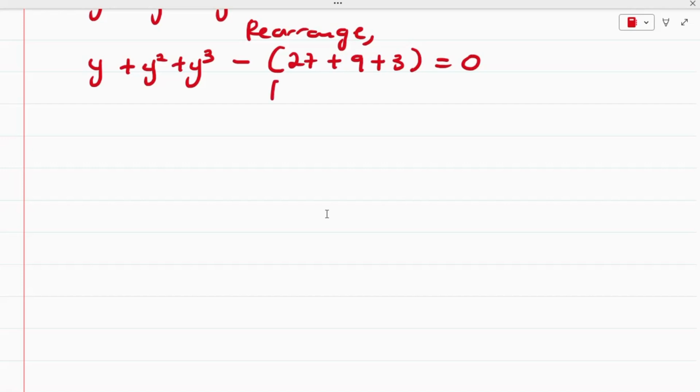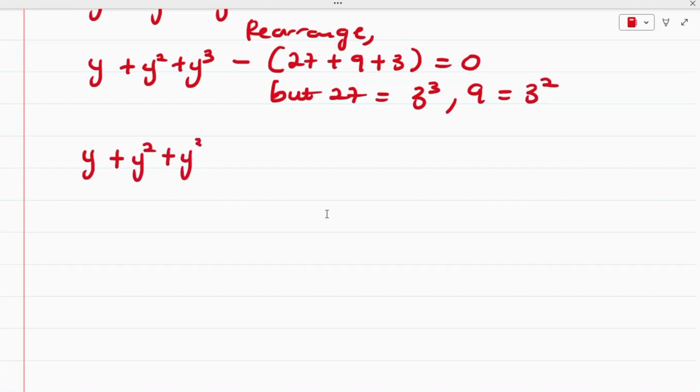But we can express 27 in terms of 3 as 3 raised to the power of 3, and 9 as 3 squared. So from here we have y plus y squared plus y cubed minus (3 raised to the power of 3 plus 3 raised to the power of 2 plus 3), and this is equal to 0.